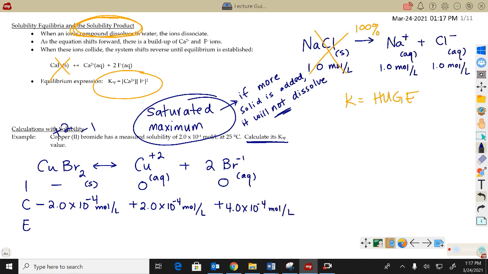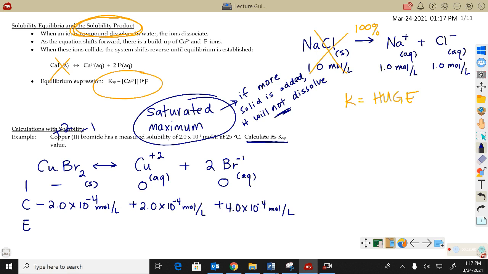So maybe that's the one number that I can put in under the solid. I'm not going to use it, but whatever amount of solid they gave me, I know that that is the maximum amount that'll dissolve to form ions. And so then I'm just going to shift it forward by that 1:2 ratio. I'll form twice as many bromine ions as copper ion.